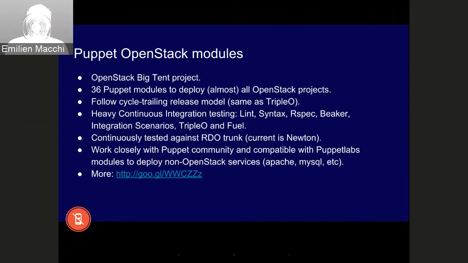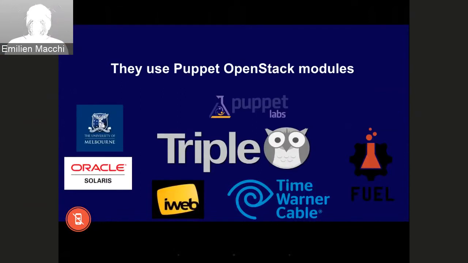So who is using the modules? A lot of people are actually using the Puppet modules. Of course TripleO, but also some people deploying OpenStack in production for public clouds and private clouds, and some installers like TripleO and Fuel from Mirantis.